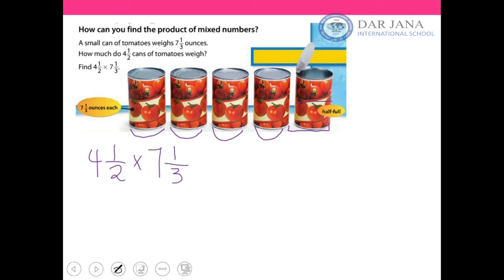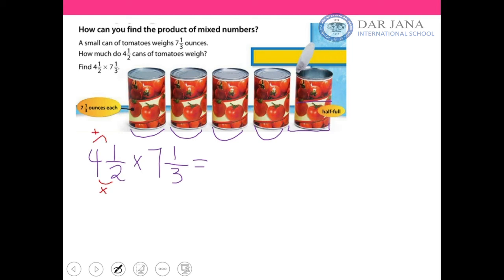Remember guys, when I have a whole number, I need to multiply it by a fraction, I need to make it a fraction and I write it over 1. The same story here when you have a mixed number. Anytime we have a mixed number, we need to change it into a fraction. Of course, we do remember how to change a mixed number into a fraction. So here I'm going to multiply and then I'm going to add.